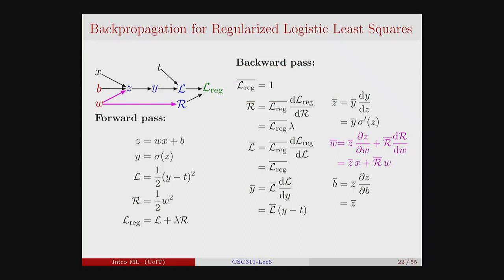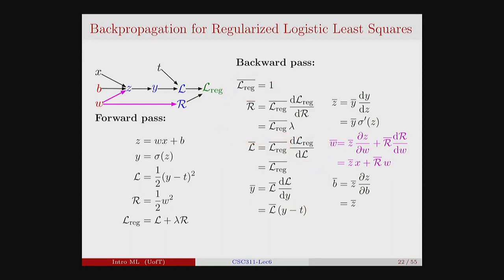And to get the gradient of L reg with respect to L, that's equal to the gradient of this with respect to L. So that's just 1, because I'm substituting this in here, times dL reg by dL.